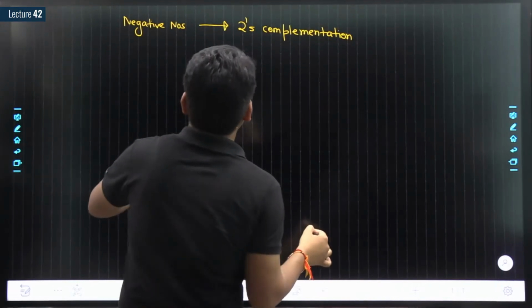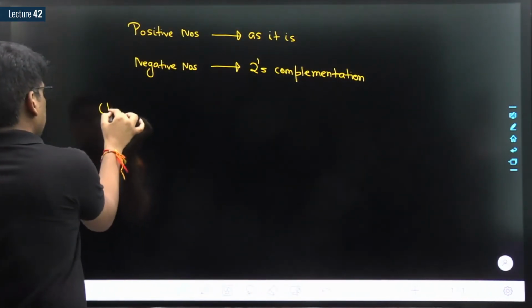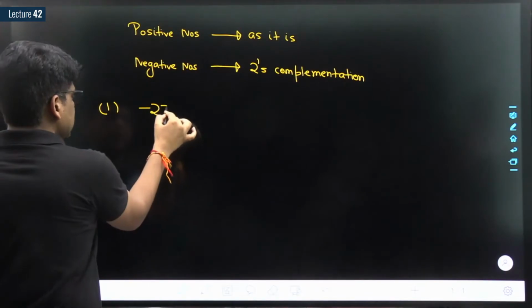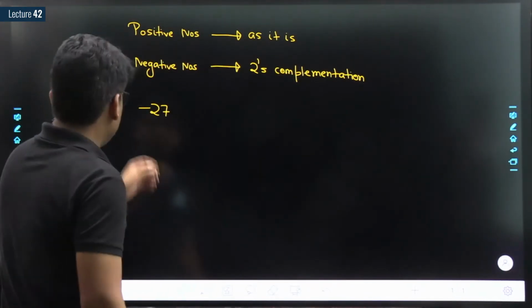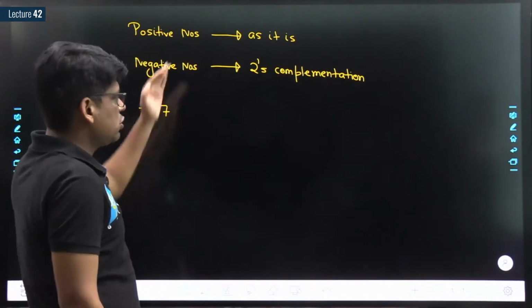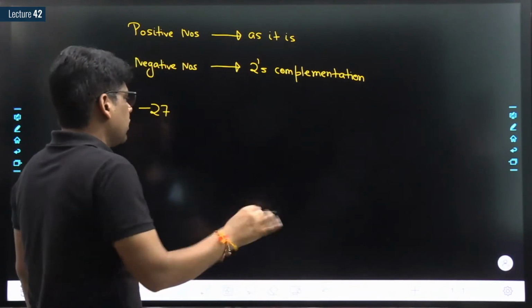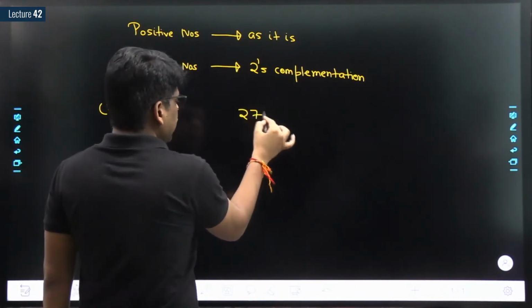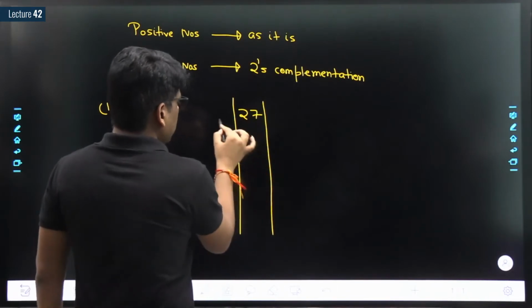Okay, let me again do something, sir. How will minus 27 be stored? Sir, because it is a negative number, it will be stored in 2's complement form. But before anything, we need to find the binary equivalent for 27.